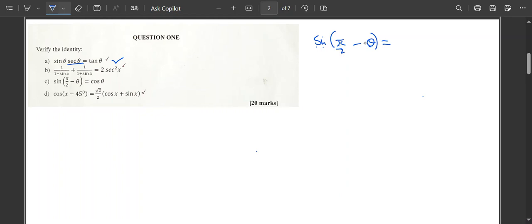All right, so here it will be sine, which is just, they say 90 because pi is 180. So that is 90. Then you say cos theta. So here you now maintain the sign like that. Okay. Then for sine, we don't change the sign here. For cos, the sign will change.